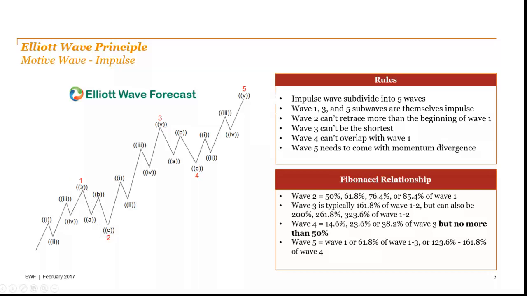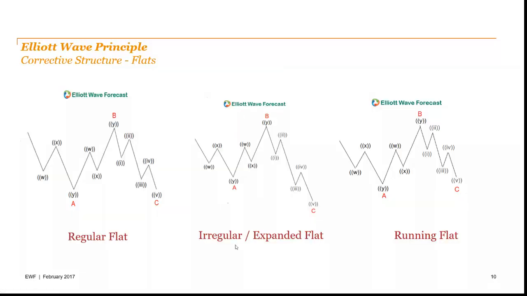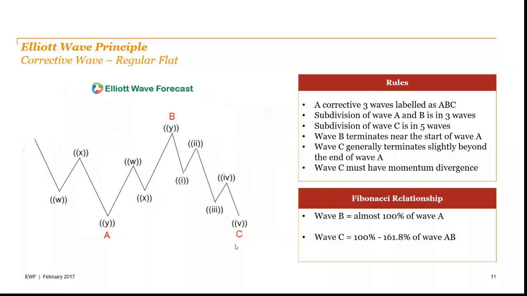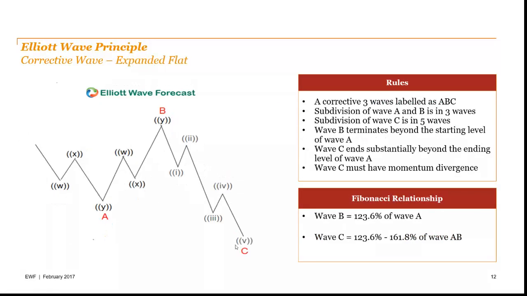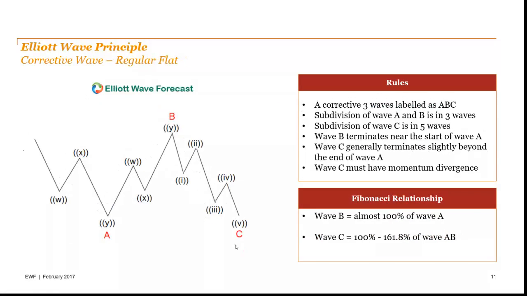But remember, corrective structures are not that many either, right? It's only zigzag, flat, triangle, and double zigzag. That's it. And the most important ones out of those are only 3: zigzag, flat, and double 3. Only 3 things that you need to get most familiar with in Elliott wave.